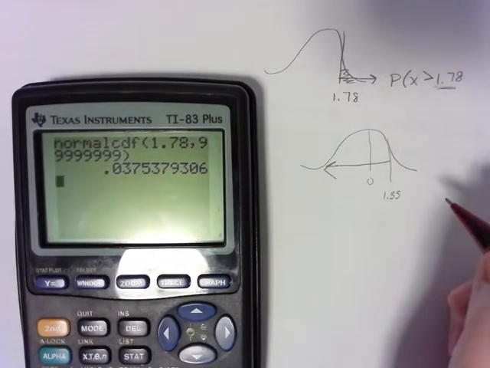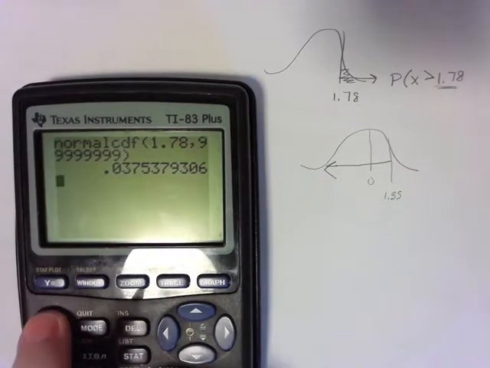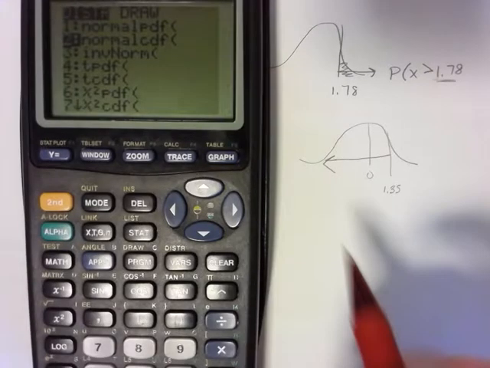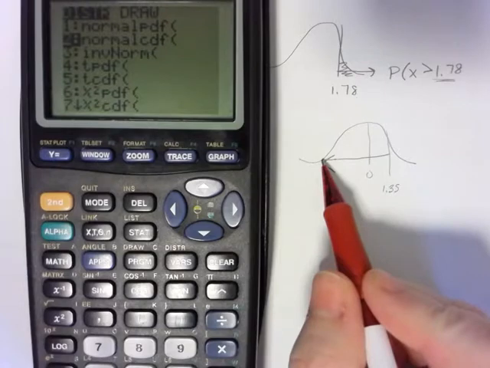Again, I'm going to hit second vars, go down to normal CDF, but this time I am going to start with negative infinity as my lower bound because we're reading from left to right.